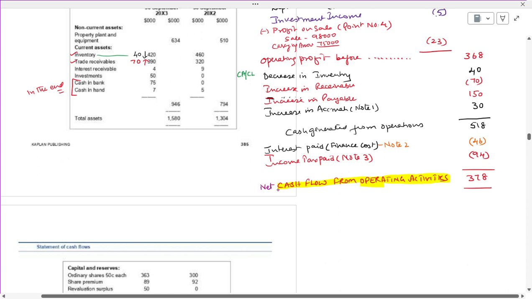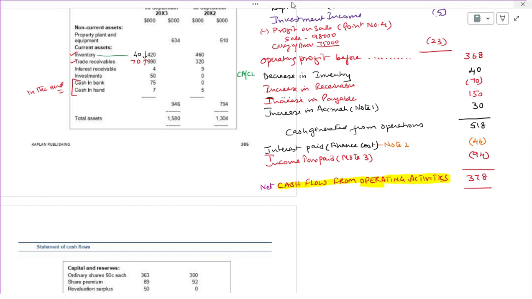Net cash flow. Okay, are you clear about this? Yes. Now see the things. Very simple. Is it right? We have to write 2 or 3 sentences. Cash generated from operations is positive. Okay?